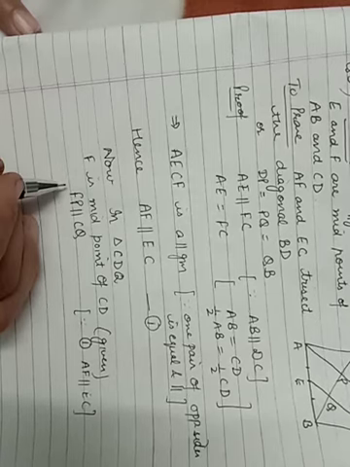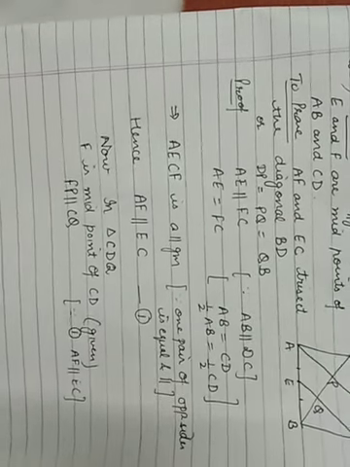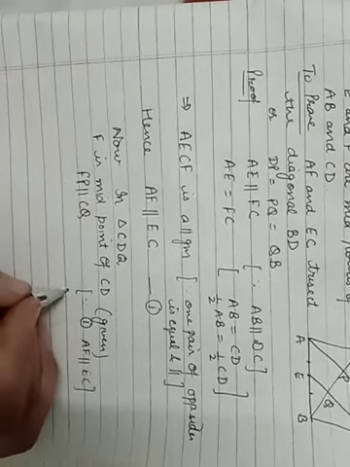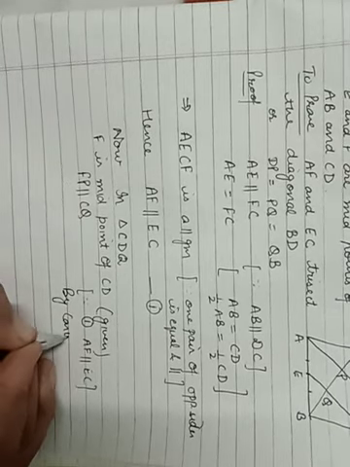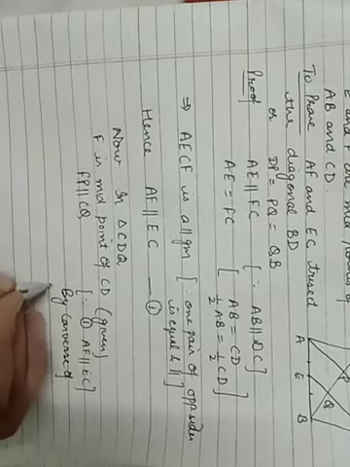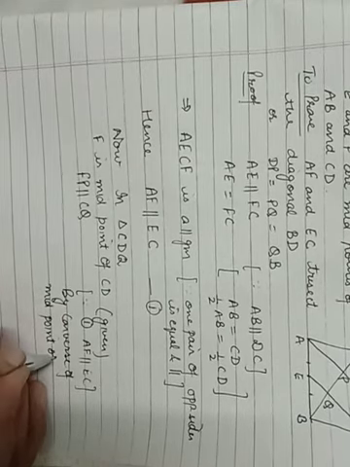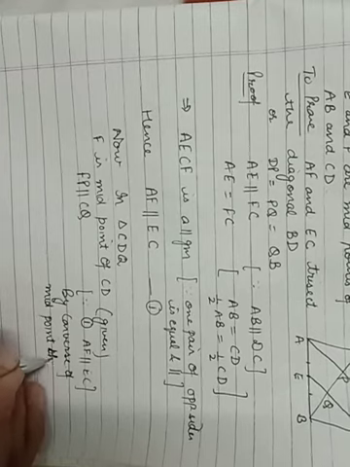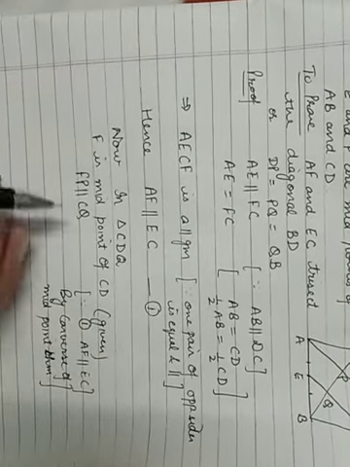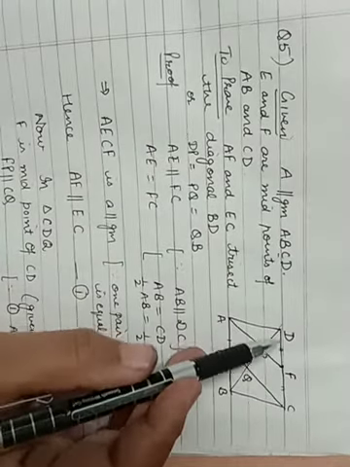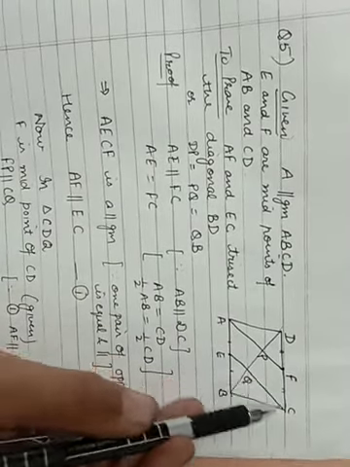Then what do we realize from this? Then by the converse of the midpoint theorem, the conclusion is that P will be the midpoint of DQ. See the diagram. F is the midpoint of CD. We are taking this triangle.